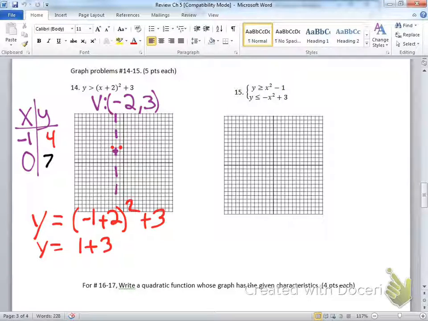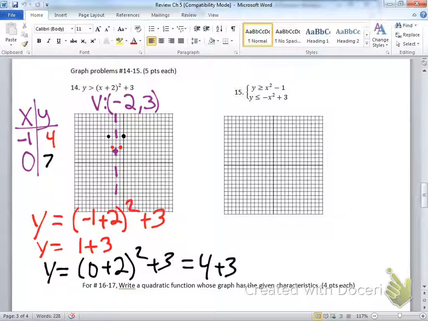How do you know you get 7? Yes. So when you plug 0 in, that would be 2 squared, which is 4, and then plus 3 is 7. Okay, this is going to be a dotted line because it's an or equal to, and then we test a point.